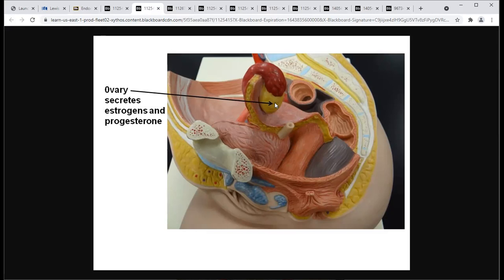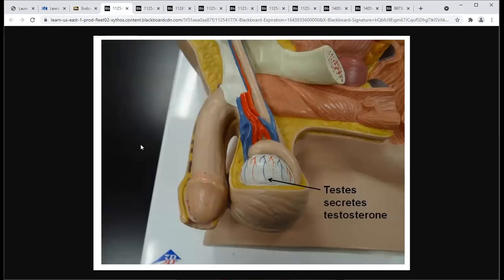The last endocrine gland on our list is yet another pelvic model. I believe this is showing the testis. So the testis secretes testosterone. And we've seen both the ovary and the testes under the control of FSH and LH.